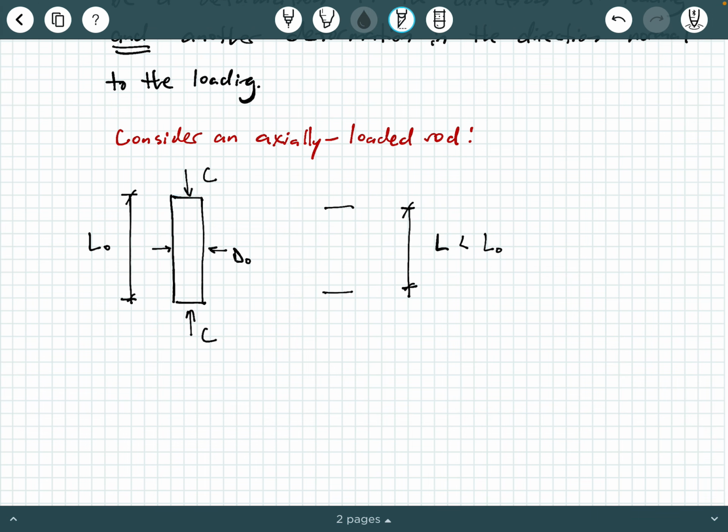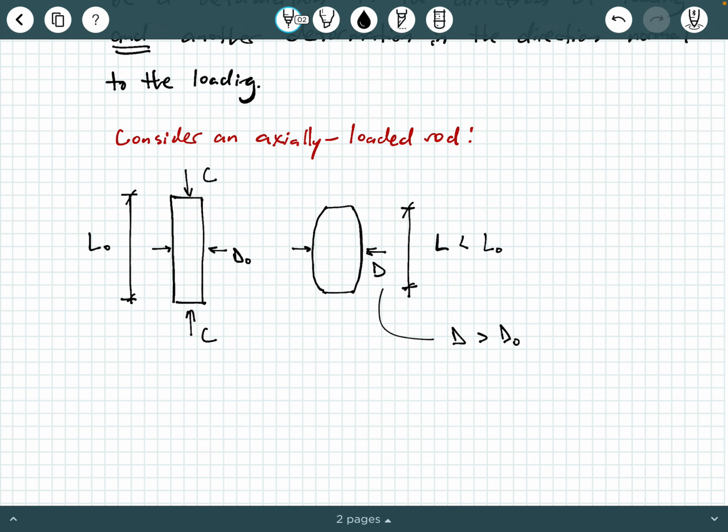That deformation is going to take the form of an expansion in the cross-section of the rod, which means this rod is going to tend to bulge out. And when it bulges out, it's going to have a new diameter D, where D is larger than the original diameter D naught.